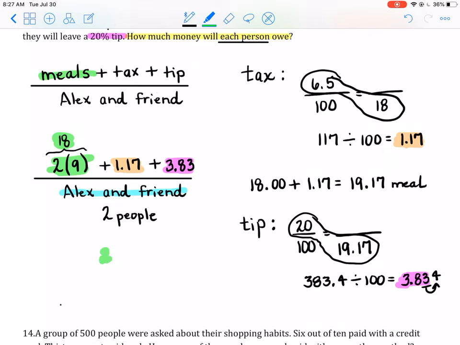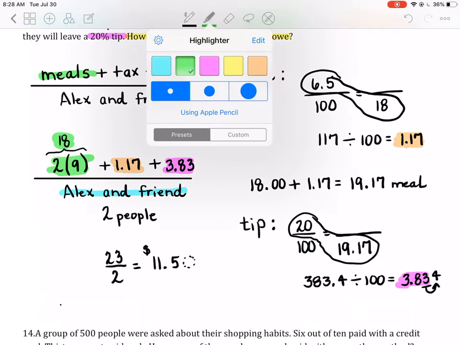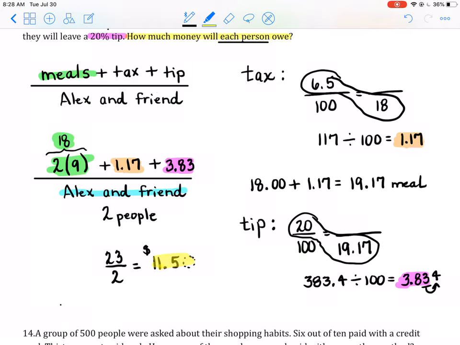That's 23. And we're dividing that among 2 people. And you get 11.5 in your calculator. Go ahead and supply the 0. Each person will pay $11.50.